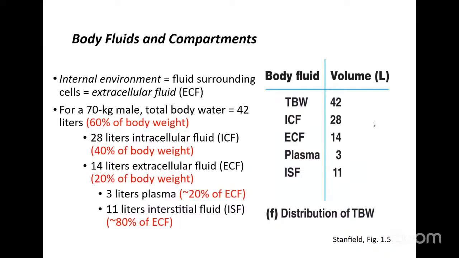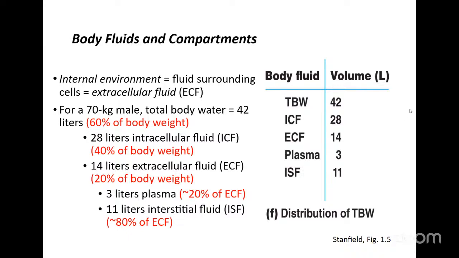In case you're wondering about exactly how much water you would expect in these regions, here we have a breakdown. So we've got a textbook person. Textbook people are always imaginary. They're usually a 70-kilogram male, but we'll try to provide some variation on those numbers as we can and when it's applicable. But this works for our example here, right?